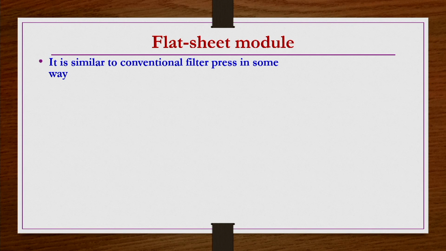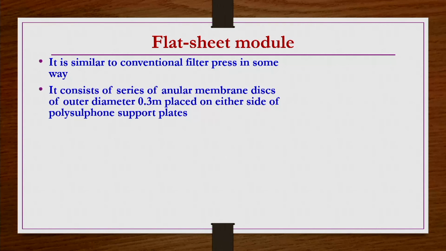Next one is the flat sheet module. It is qualitatively similar to the conventional plate and filter press type. So, it consists of a series of annular membrane discs of outer diameter 0.3 meters placed on either side of polysulfone support plates.